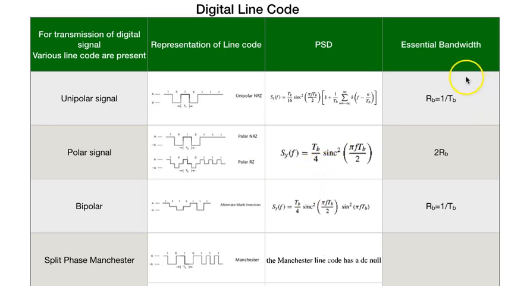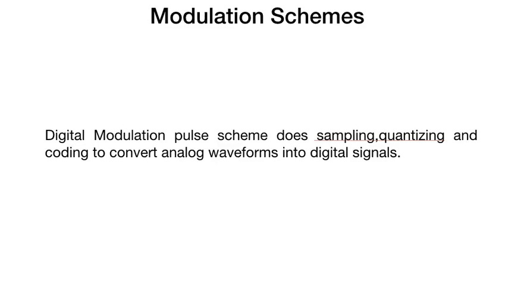And this is the essential bandwidth. That means the polar signal requires the maximum bandwidth, which is 2Rb, and the unipolar and bipolar require only Rb bandwidth. Now moving to the modulation schemes.